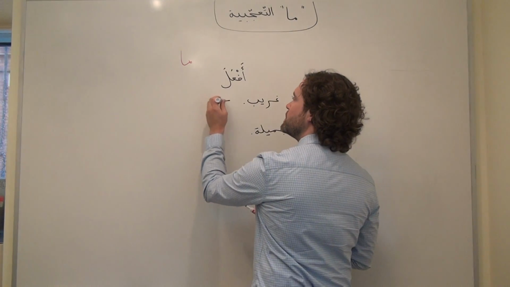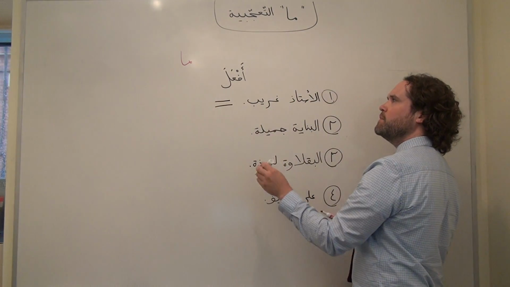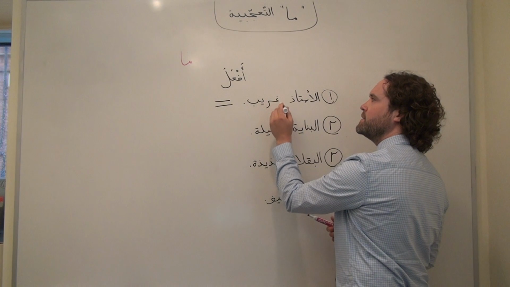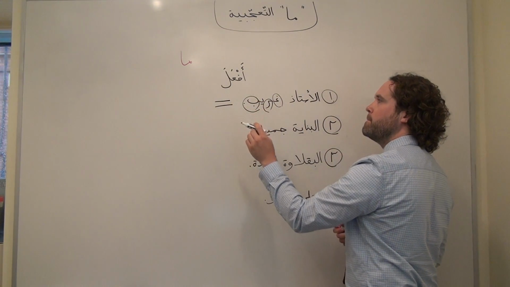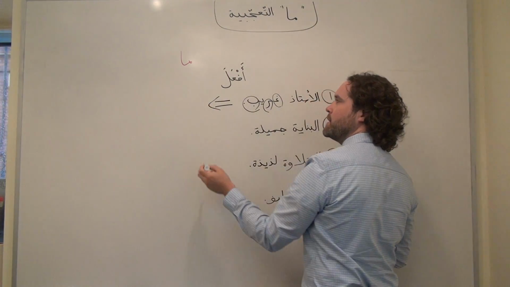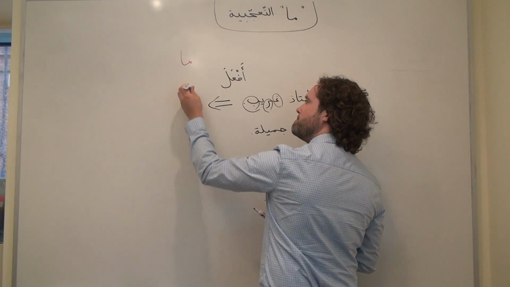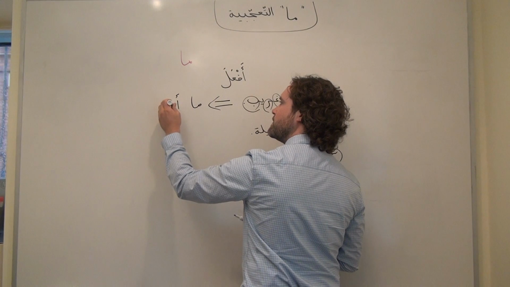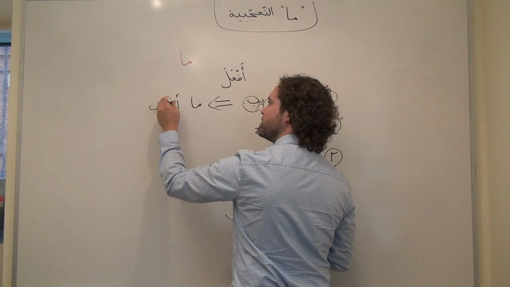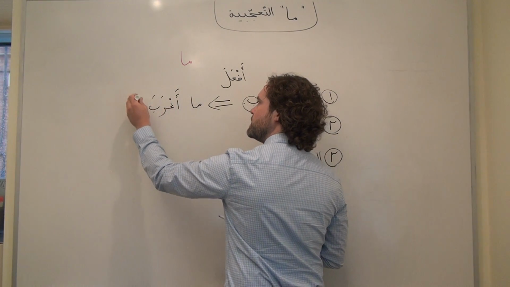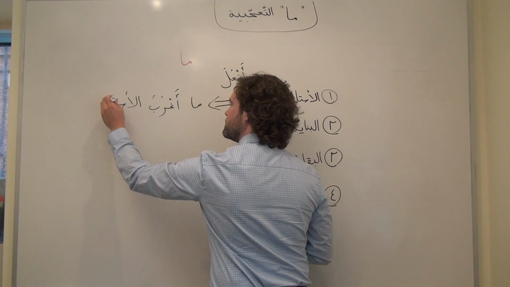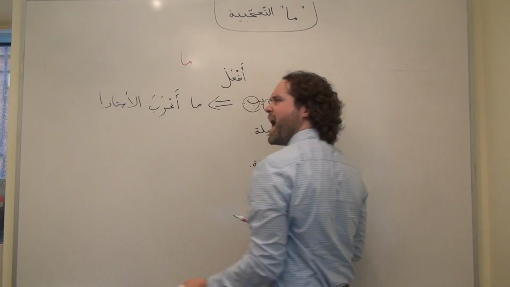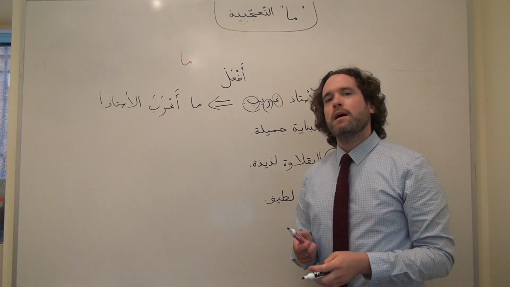So we go from al-ustadh gharib, take gharib, find its judr, gha, ghain, ra, ba, and turn it into this. Ma aghraba al-ustadh. How strange that professor is.